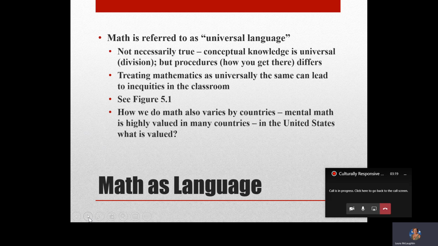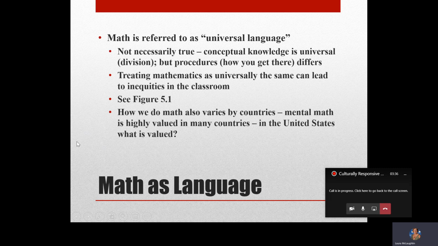And then equal addition subtraction is used in Latin America and the United States, less common. So how we do math varies by countries, and mental math is highly valued in many countries.